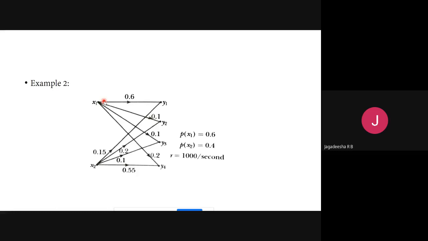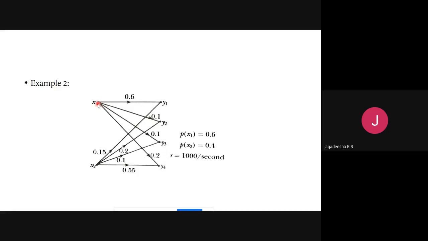Now we are moving to the second question. I want your participation in this question. I will call some of the students to answer my question. In this example, we have another channel. In this channel, we have two inputs and how many outputs? There are 4 outputs.